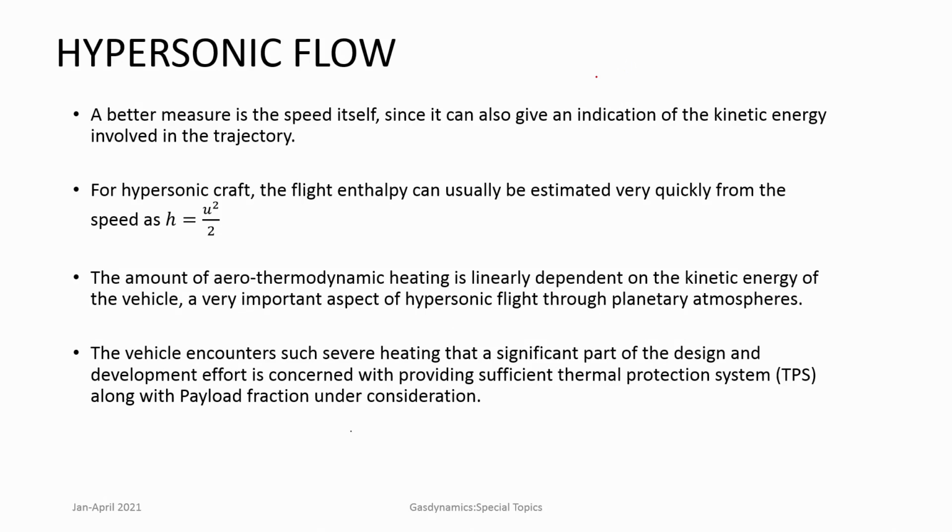Then all that kinetic energy will be converted into heat energy. Then the amount of heat that it produces is so high, the temperatures can become extremely high, something of the orders 5000 Kelvin or 10,000 Kelvin. So, it can be very very high, and that means that such bodies at their noses can face very high temperatures and significant heating.